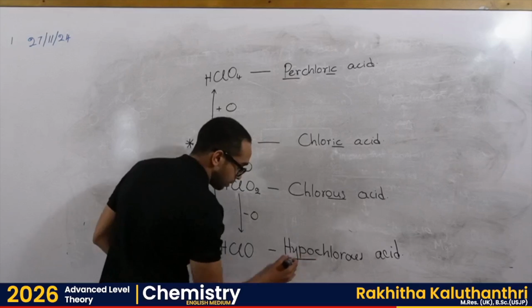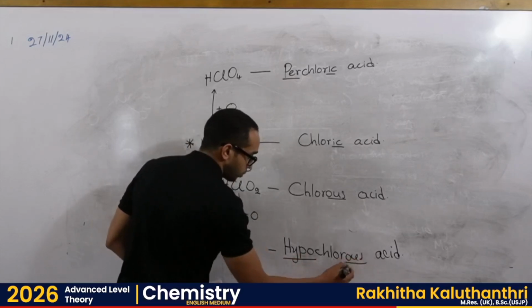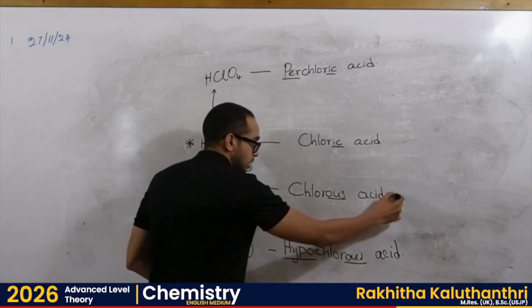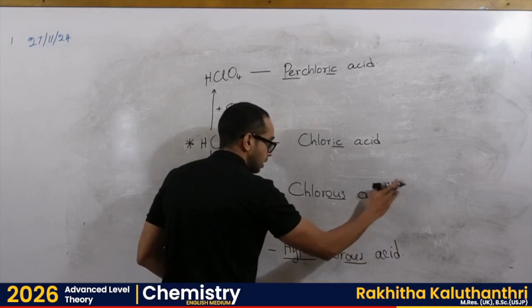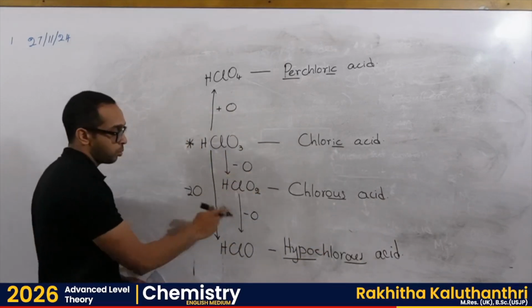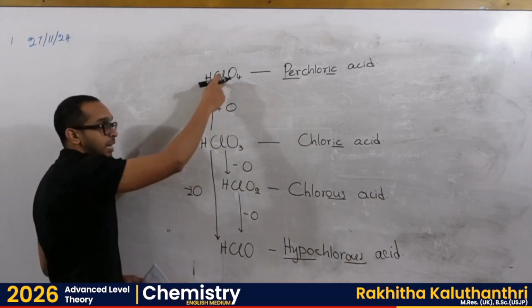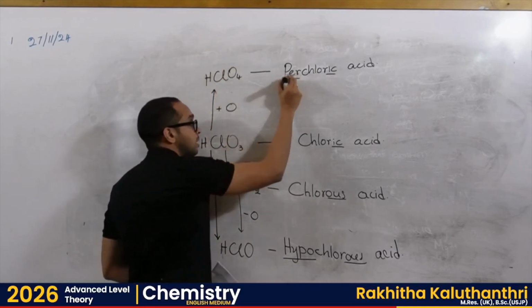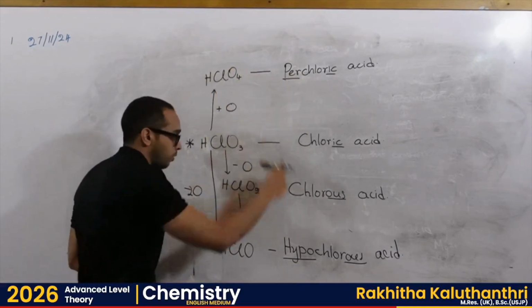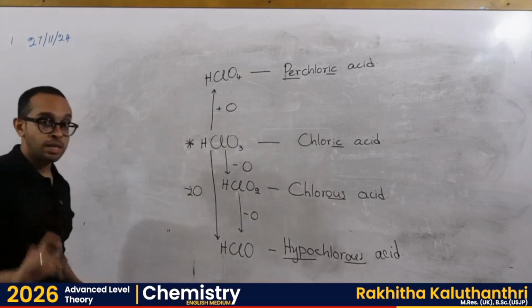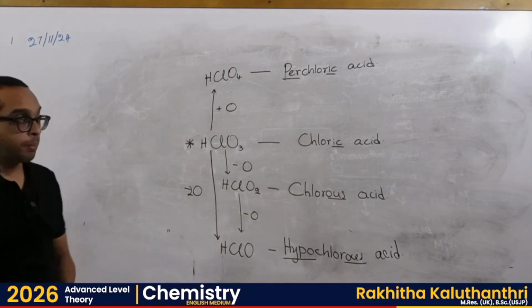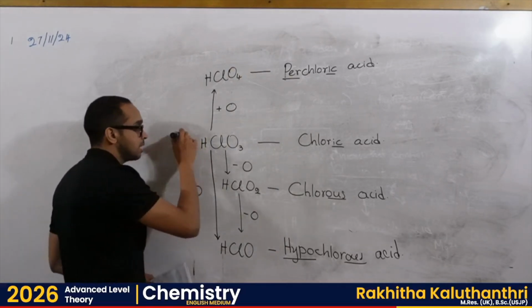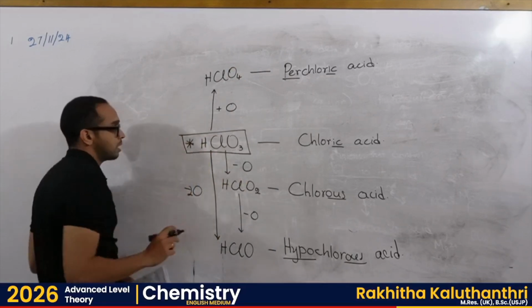So here we get the prefix hypo and the ous ending. Both of these have the ous ending, right? One has the ous ending, one has the ic ending. The one with the highest number of oxygens gets the prefix per. The one with the lowest number of oxygens gets the prefix hypo. But to name any of these, you should know the reference acid.